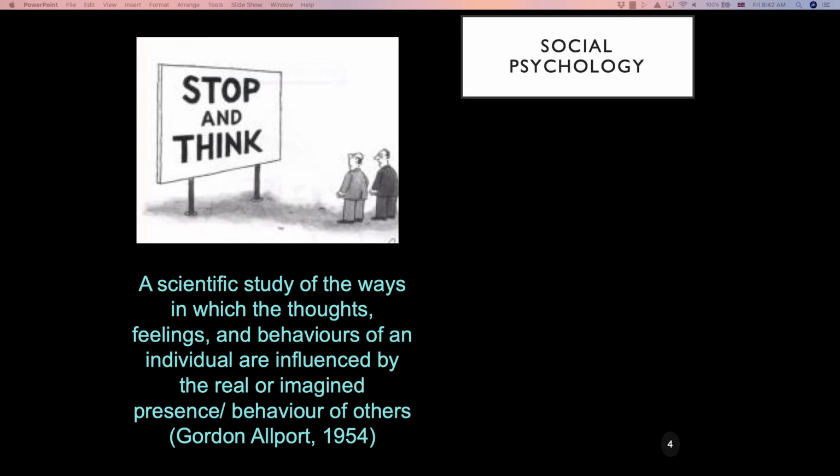So social psychology is a scientific study of the way in which our thoughts, our feelings, our behaviours are influenced by others. But these can be real, but they can also be imagined, and we'll talk about this when we look at research later in the lecture.